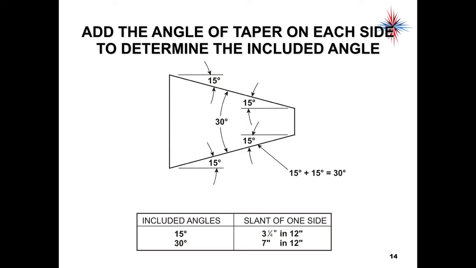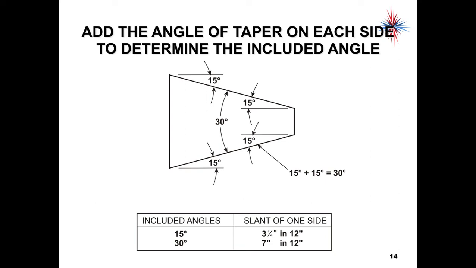This slide illustrates the included angle. Note the angle of one side of an equally tapering transition is half the included angle. An included angle of 30 degrees means that the sides slant in by 15 degrees. We do not normally lay out sides of transitions by degrees. The table in this slide shows common angles by pitch in 12 inches. This lets you estimate the approximate angle.